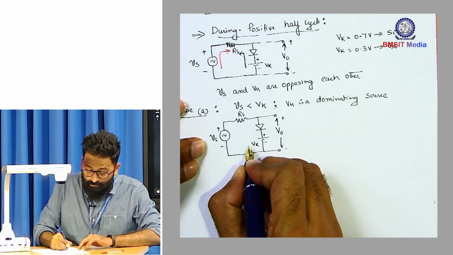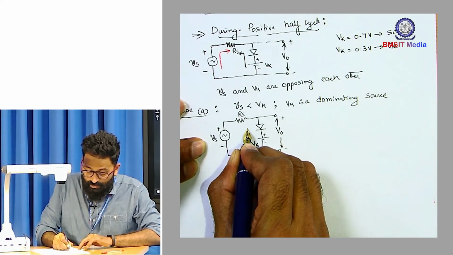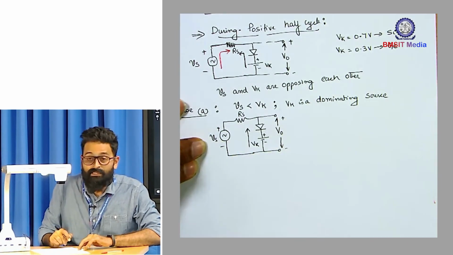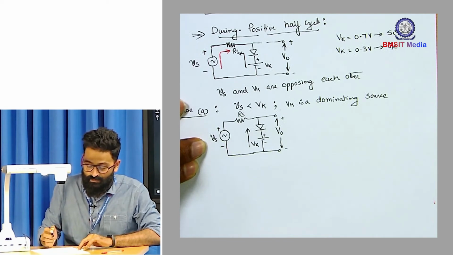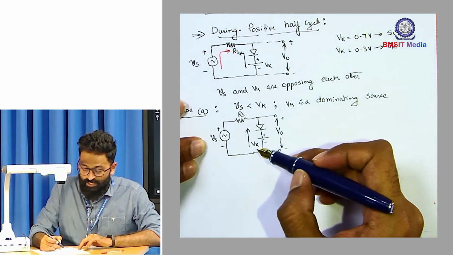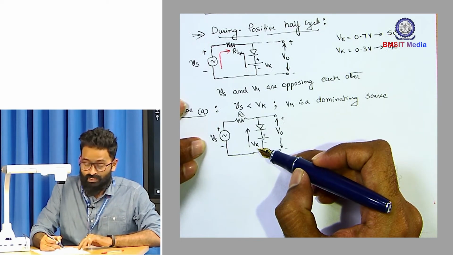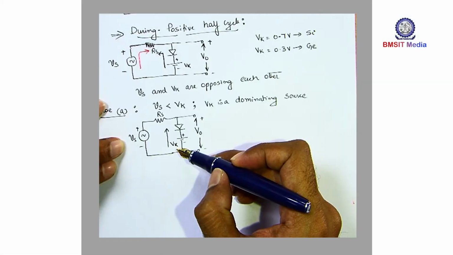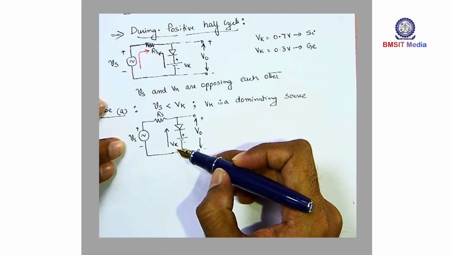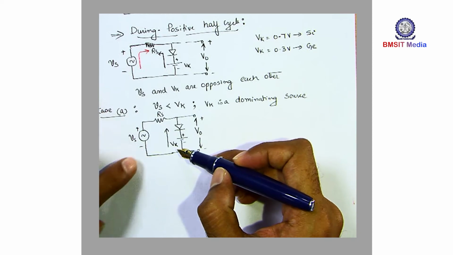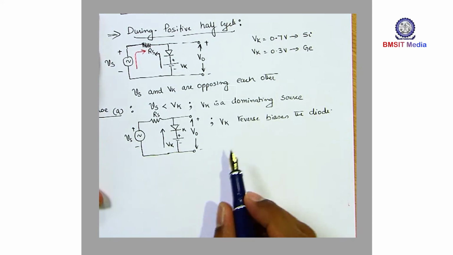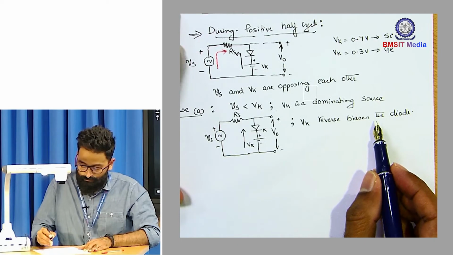The dominance should be shown by putting an arrow direction. If Vk is dominating in nature, you can clearly observe that the positive terminal of Vk is connected to the cathode terminal of the diode. So Vk reverse biases the diode.